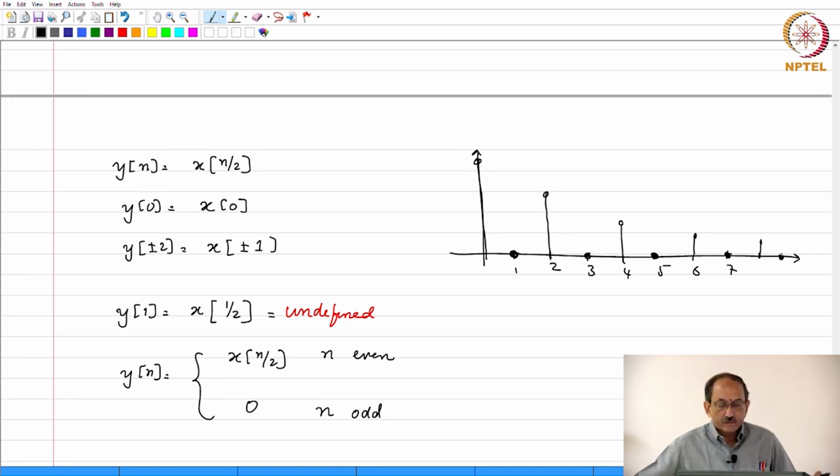But the point is, it is not quite the expansion by a factor of 2 that you thought has to be there. And later we will see that more processing is needed to go from this picture to the picture where all these samples are filled in, to have a picture that this is expanded by a factor of 2, similar to what was happening in the continuous time case.